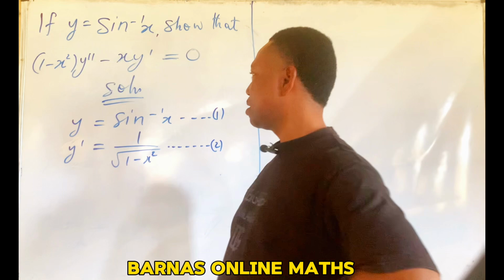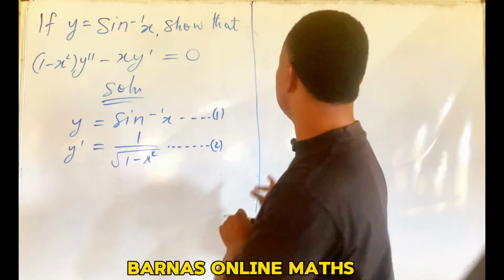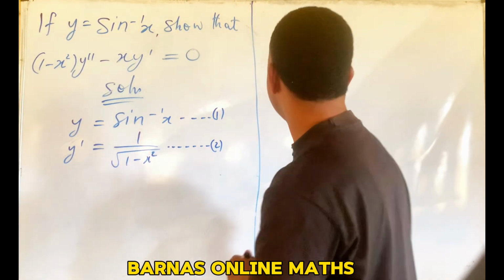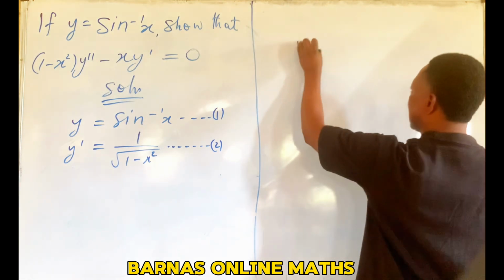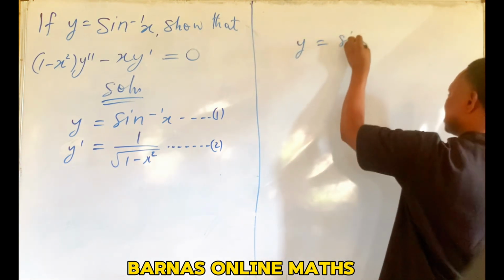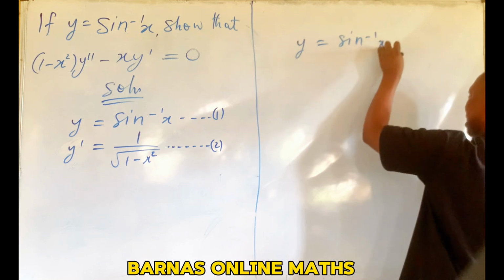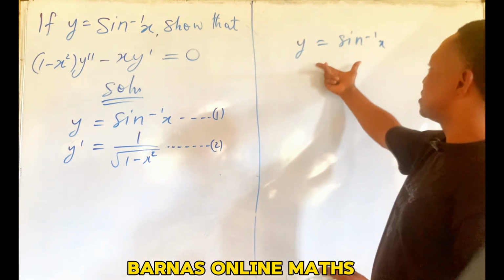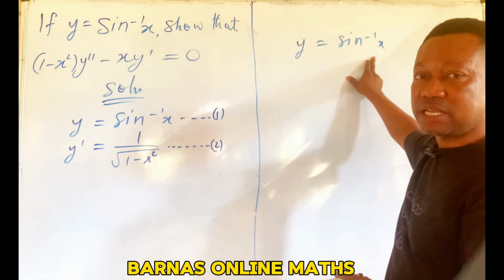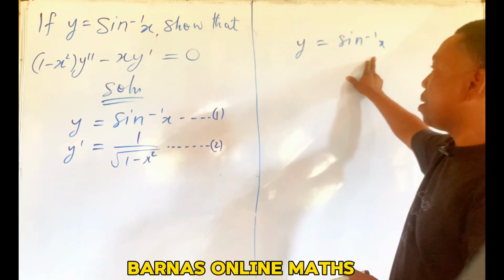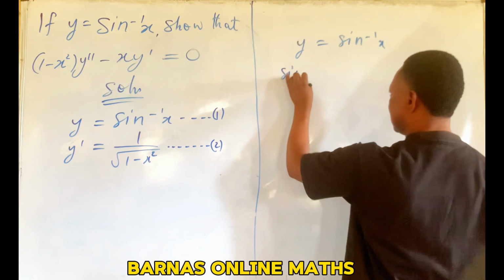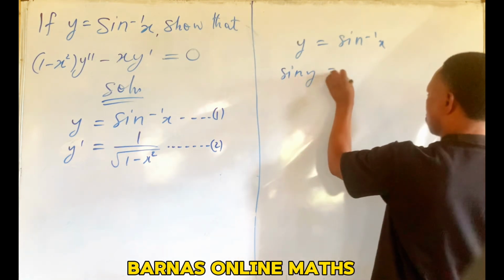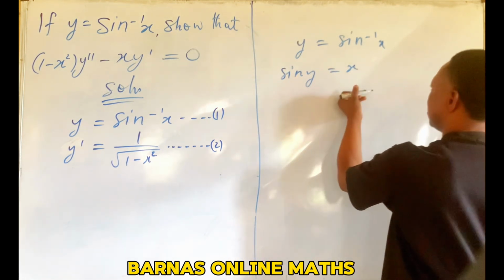Let me explain. Let's solve this in a rough. Suppose we have that y is equal to sine inverse of x. Now, what is x? From here, we make x the subject of the formula. That gives us sine y equals x.